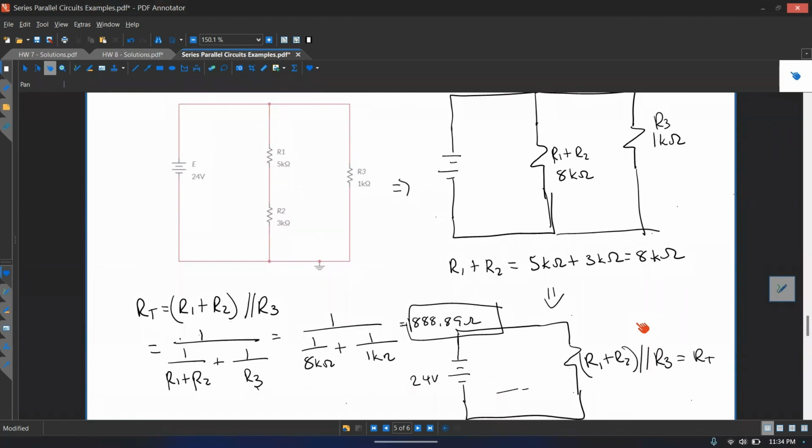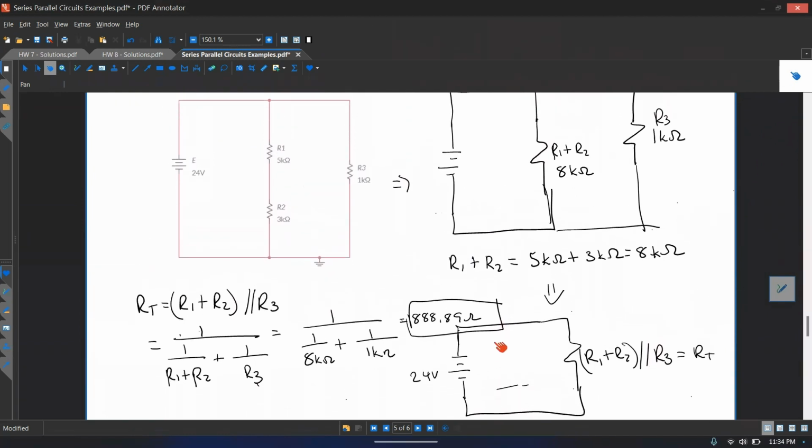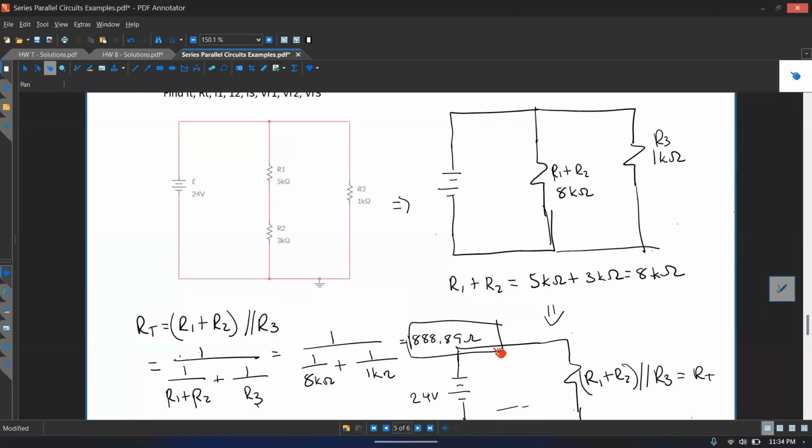All right, so if we're trying to find the current through R1 and R2, we already know it's supposed to be the same, right? So it doesn't matter if we try to analyze it using this circuit right here or this one, because the only thing that's different is that these two resistors are added together.